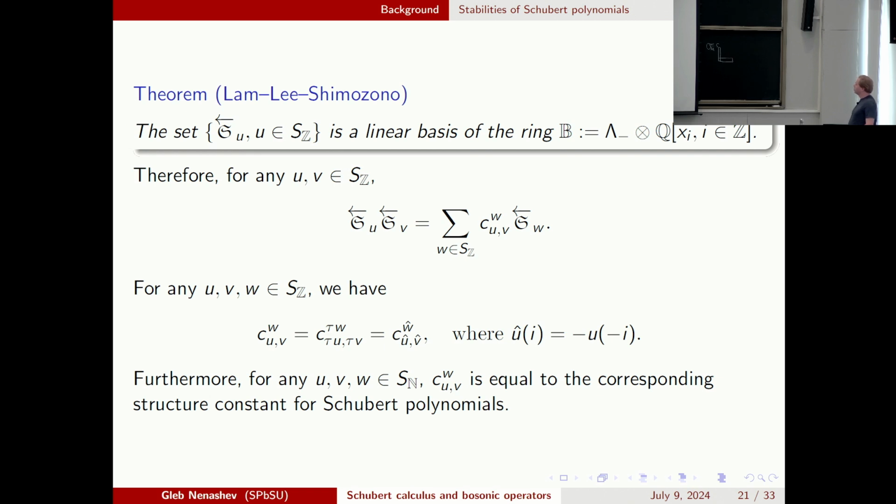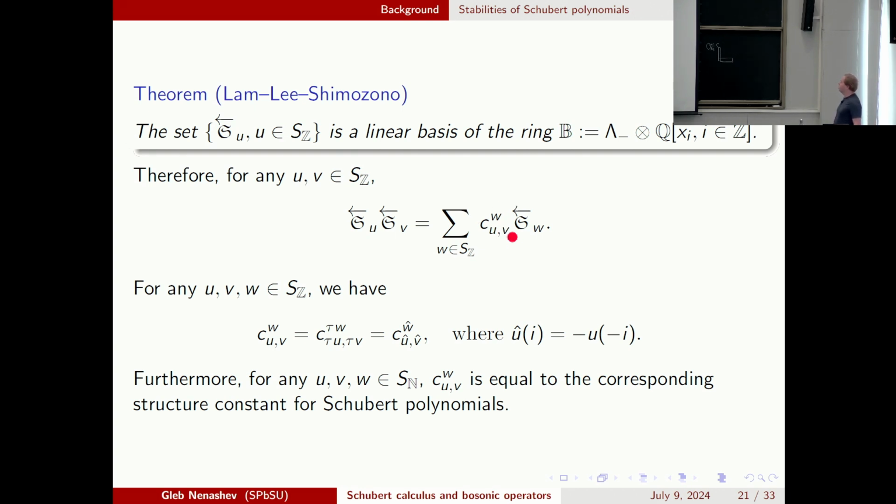Okay, another thing from the paper by Lam, Lee and Shimozono is that backstable Schubert polynomials form a linear basis of some space, and again we have some product. Here we have structure constants, but they are not new. They're exactly the same.